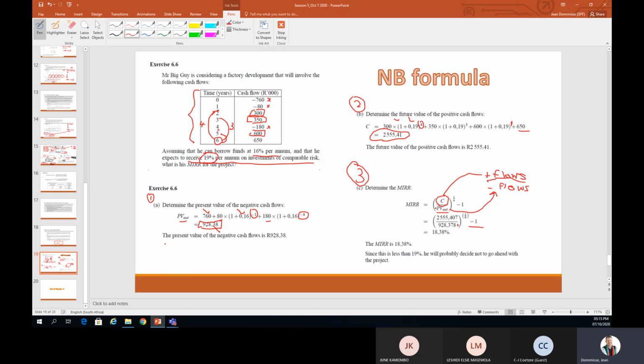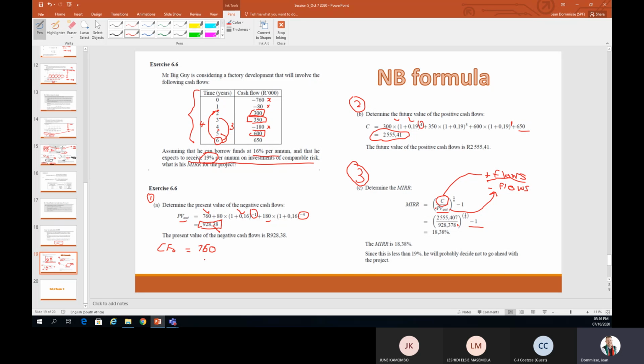Okay, awesome. So again, calculator time. This was actually quite cool. So for CF0, because you're working with the net present value, you don't need to put in a negative.